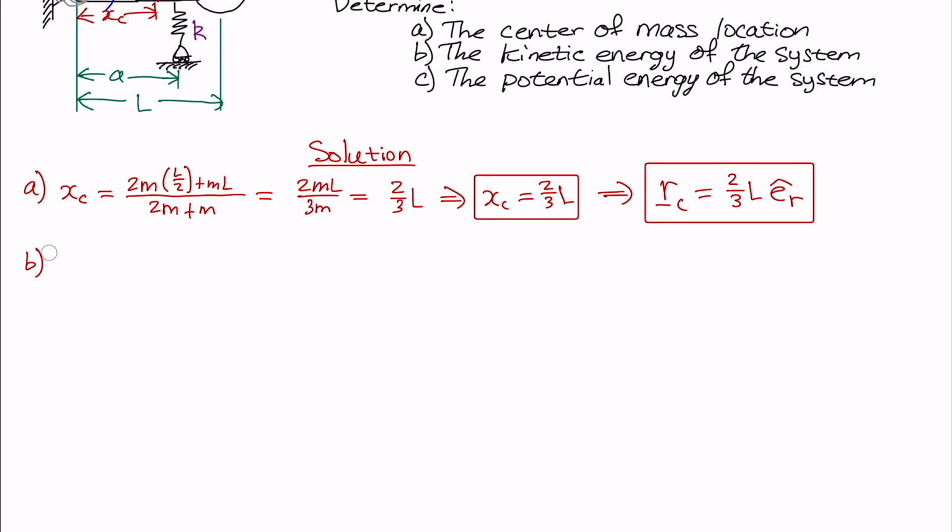Okay, so let's just say here the kinetic energy is equal to 1/2 I theta dot squared. And what we need to find here is our moment of inertia, I. So this is going to be equal to, first, the mass moment of inertia of the rod with respect to its center of mass. This is equal to 2m L squared divided by 12.